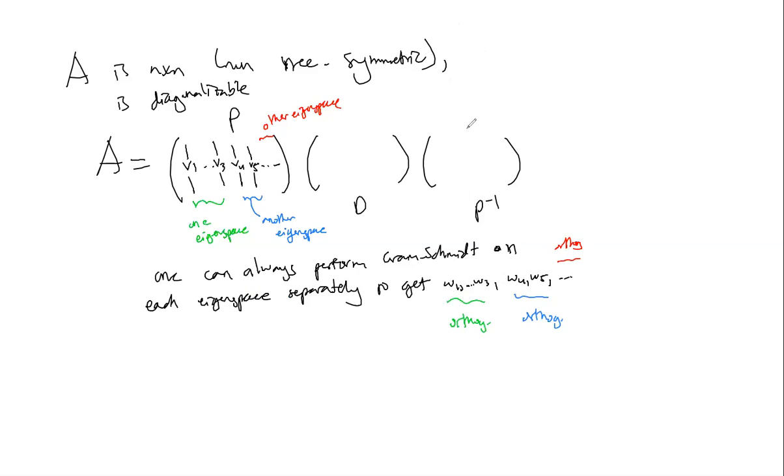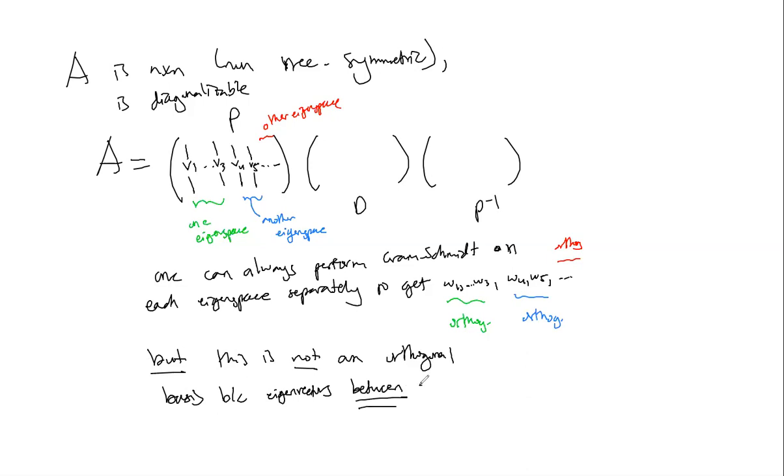This is not an orthogonal basis of eigenvectors, because eigenvectors between different eigenspaces are not necessarily orthogonal. That's the thing you still can't do.